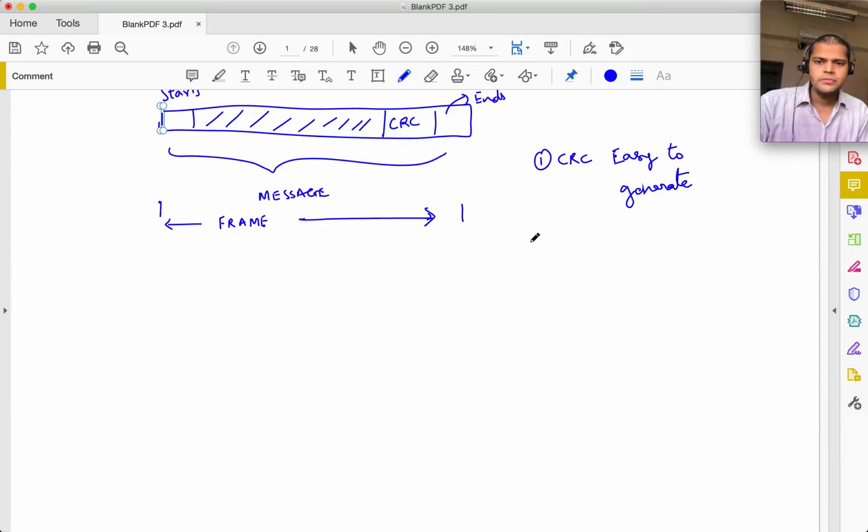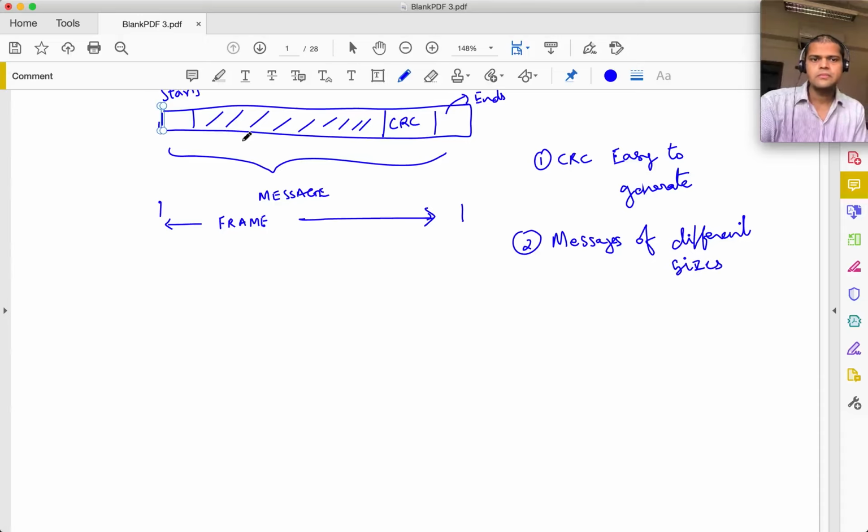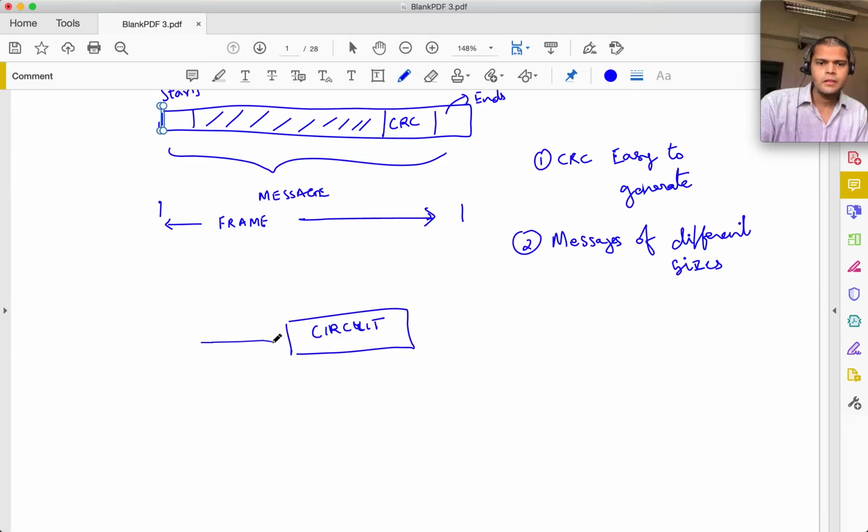Also, another point which may not have been very clear in the last class is that this message can be of any size. Let's say messages of different sizes. So what are we doing? You have this CRC circuit, and you have data bits coming in.